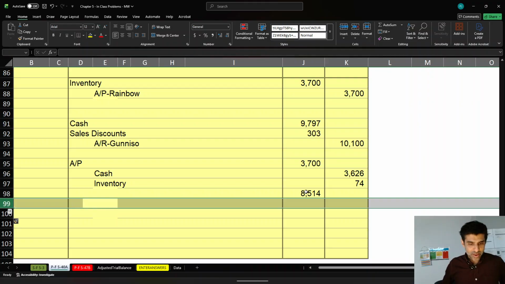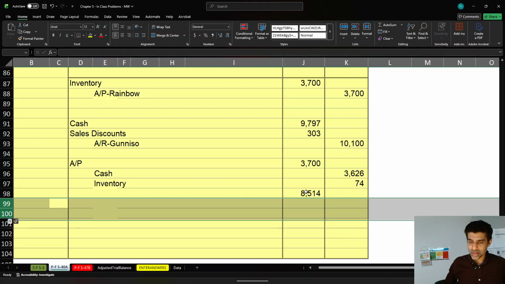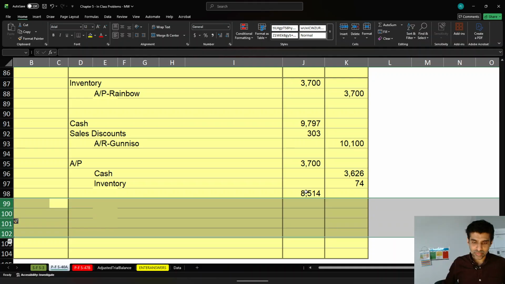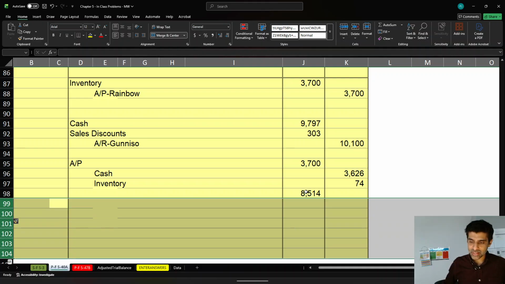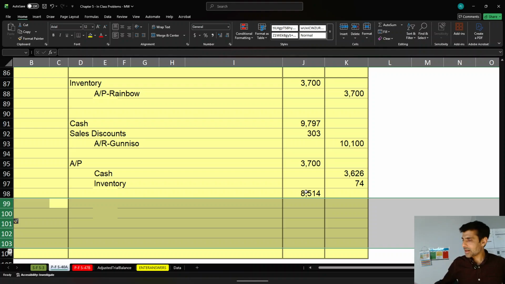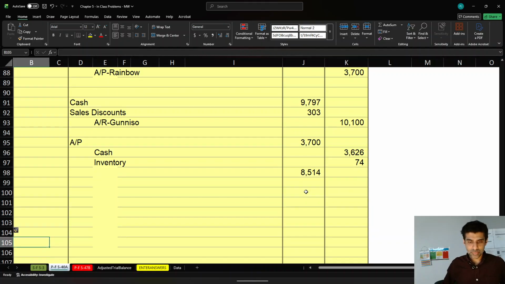I hold shift down, press spacebar. I can insert a bunch of rows by just holding shift and pressing the down key, and then I can insert like 5 rows like this. Now I let go of shift, do Alt I E. That inserts all these rows.